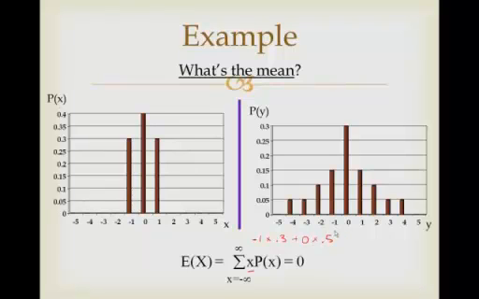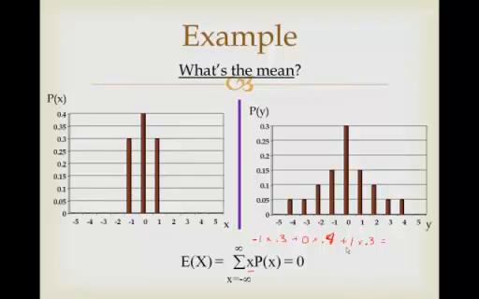And then a plus 1, which has a probability of 0.3. So we add those together, and after all of that work, we determine that the expected value is 0.